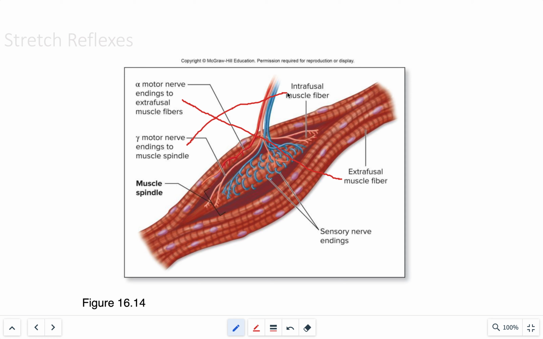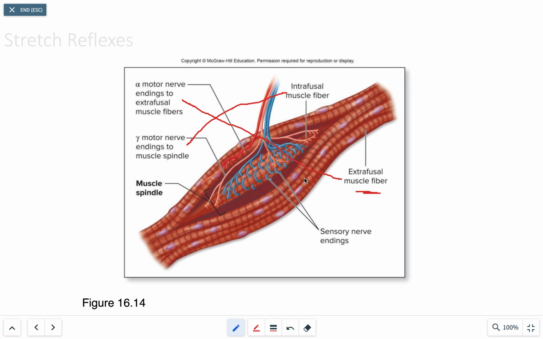intrafusal muscle fibers. So one of the things that we look at first with the alpha motor neurons here is that the alpha motor neurons directly affect the lengthening or shortening of muscles by stimulating the extrafusal muscle fibers.